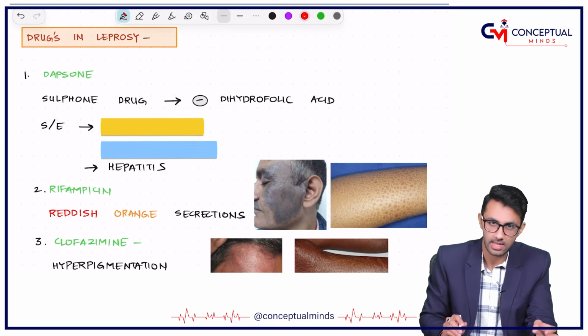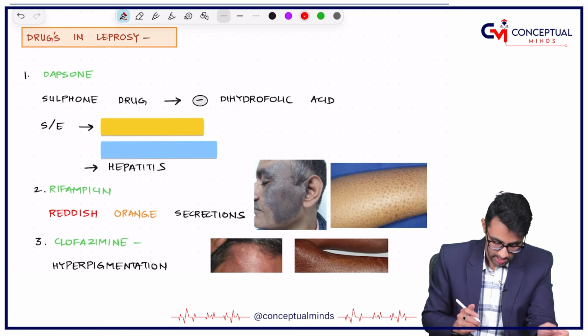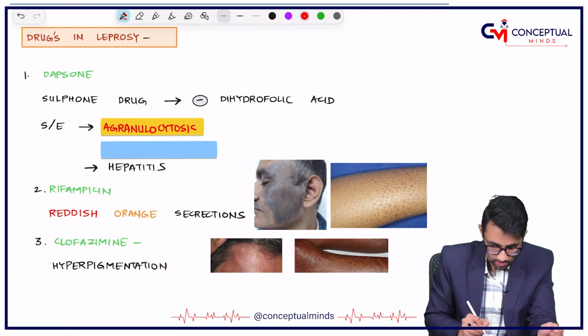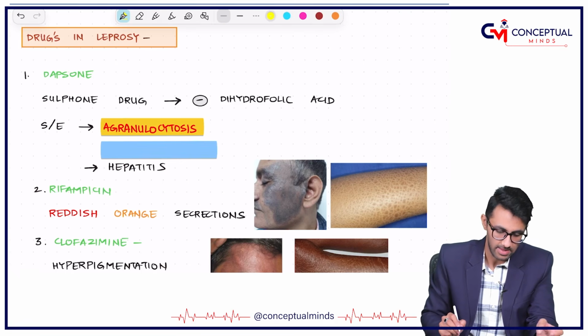Side effects are the ones the examiners are very keen about, something called agranulocytosis. Okay, agranulocytosis. And what else can we have? Tell me.